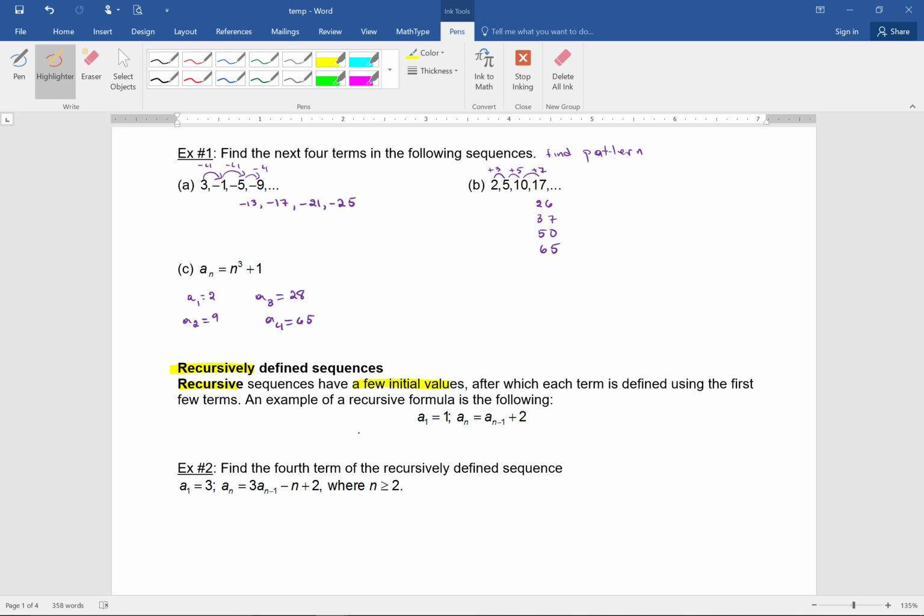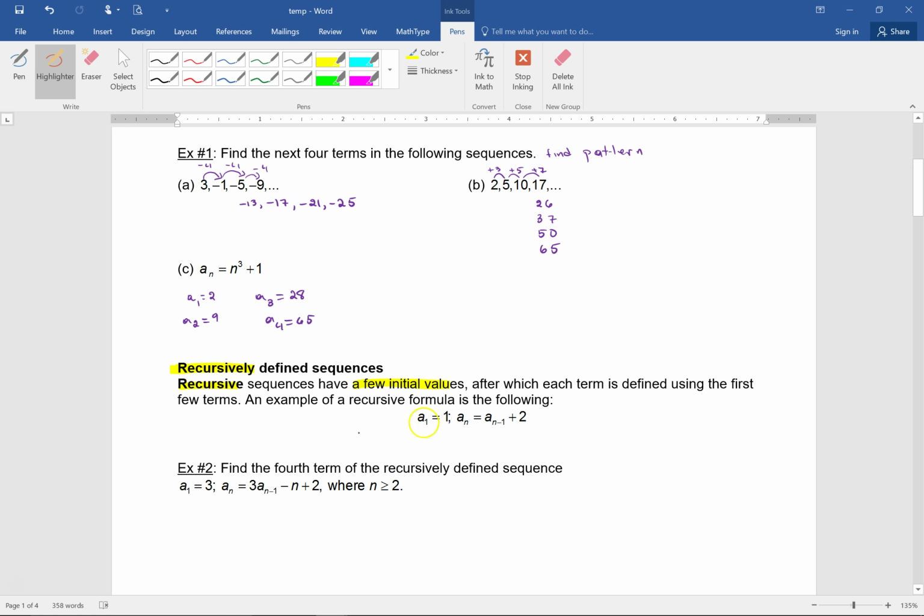And after that, each term is a combination of the previous terms, or it uses the one right before it. Every time it's like a link, like a chain. It goes back and uses the number right before. That's a recursively defined sequence.